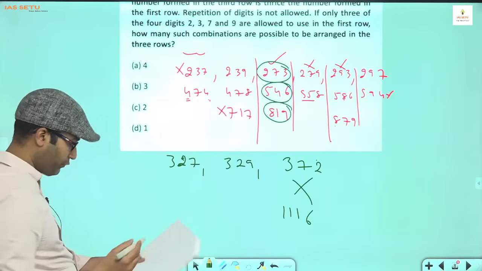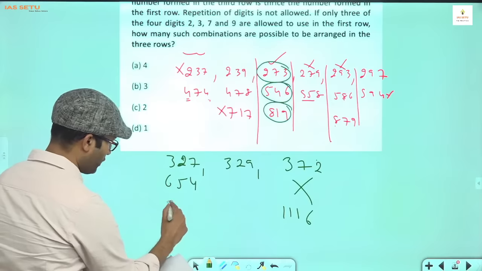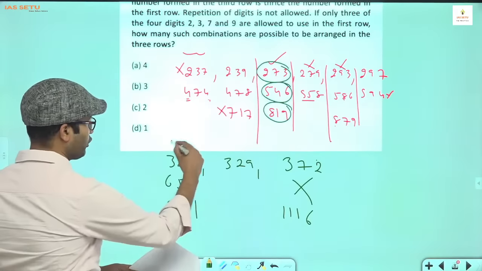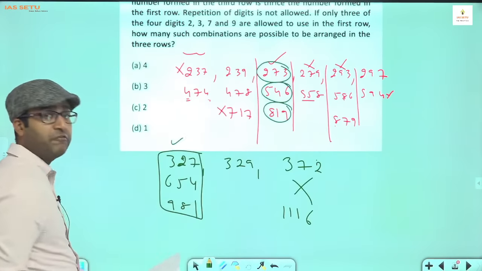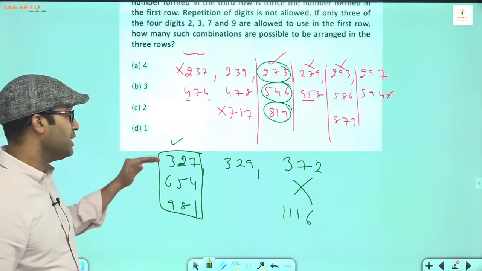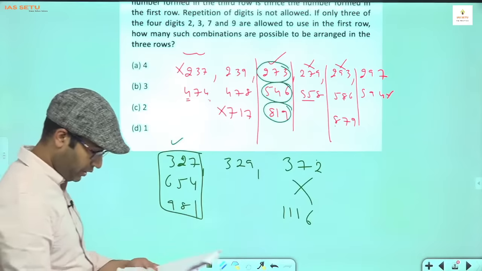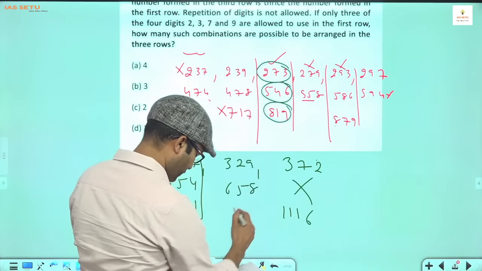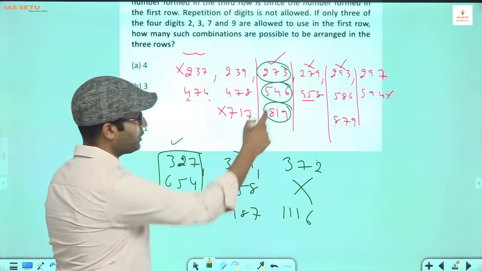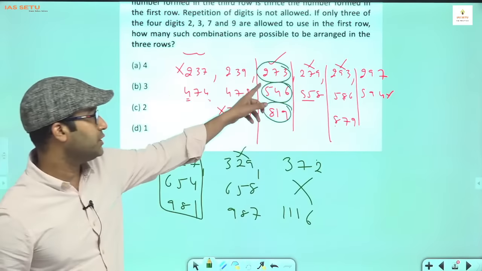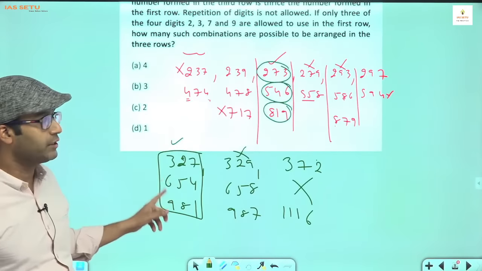So we take double of this, which is 654, and triple 981. So this is also possible: first row 327, second row 654, third row 981. Here 658 and 987 is not possible.